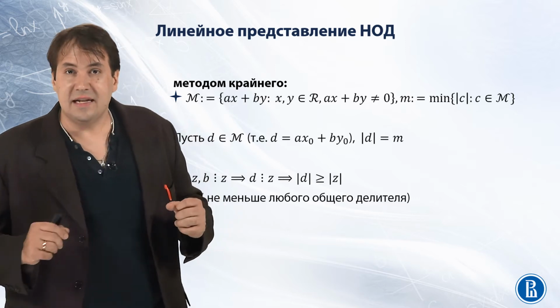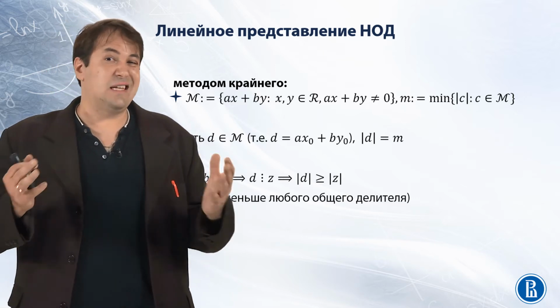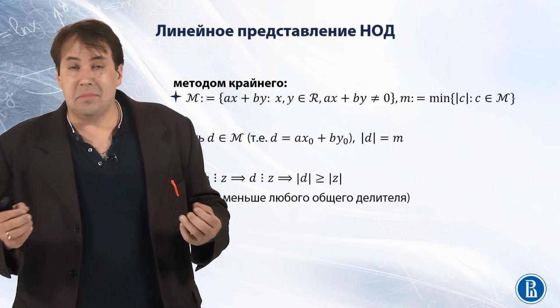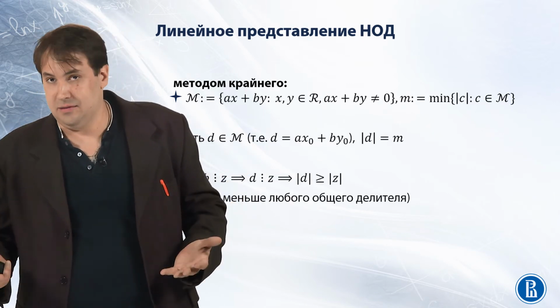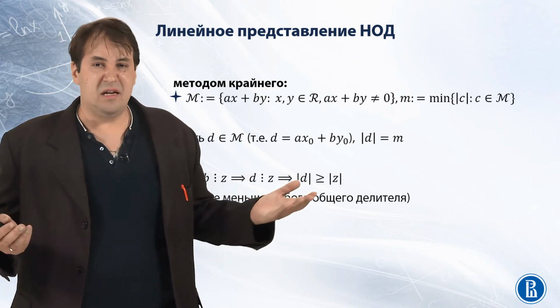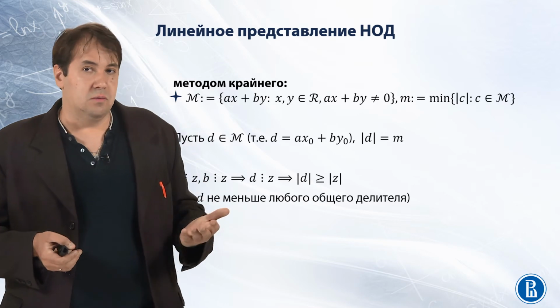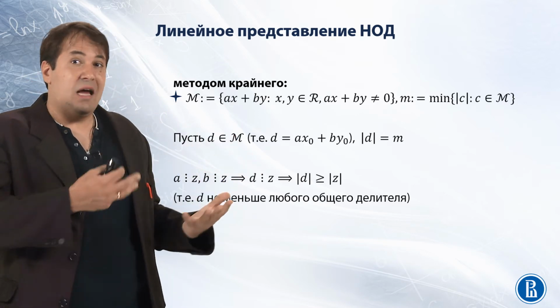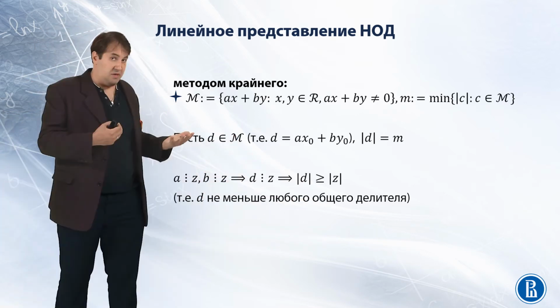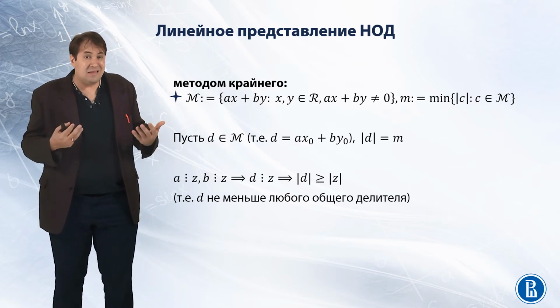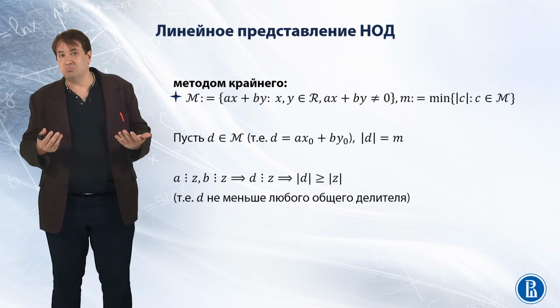Let's note that if a and b have some common divisor z, then d must also be divisible by z. Well, actually that's, I think, obvious, because since d is equal to a multiplied by something plus b multiplied by something else, and since a and b are divisible by z, then d must also be divisible by z.